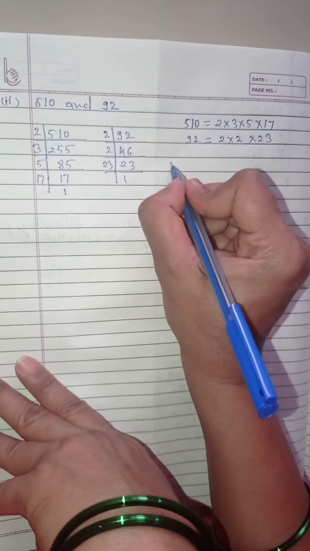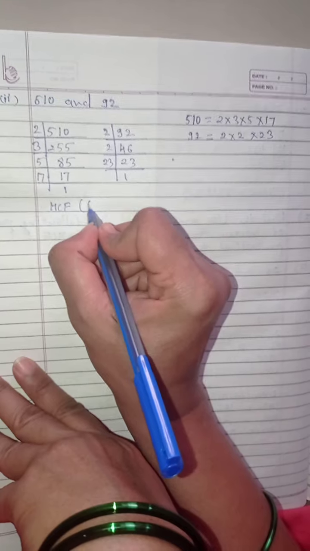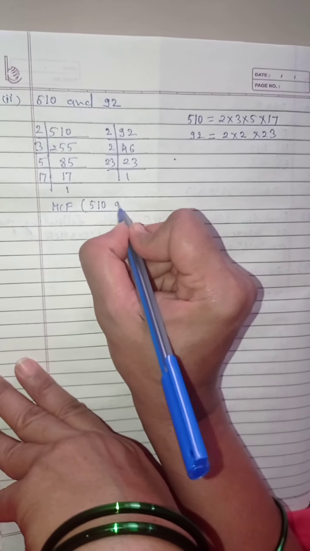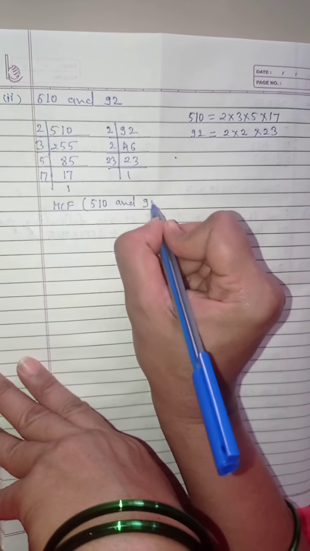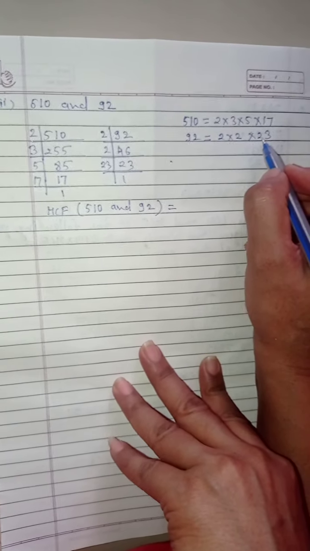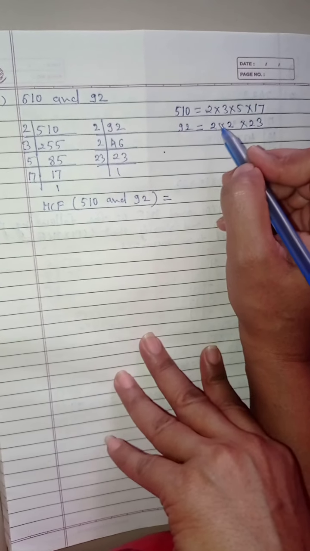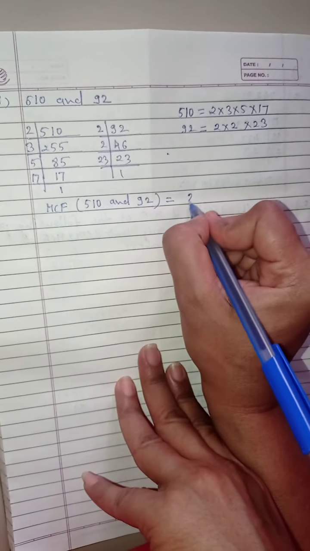Now HCF of 510 and 92, the highest common factor, is 2. Therefore HCF equals 2.